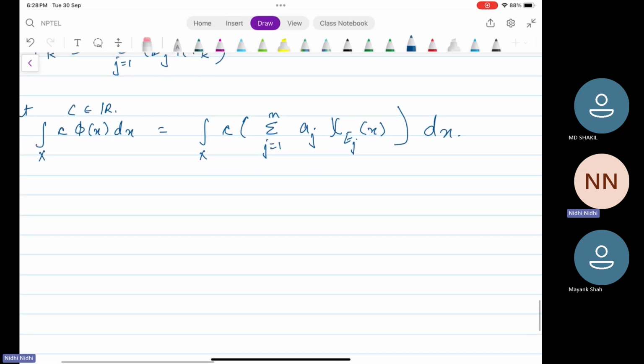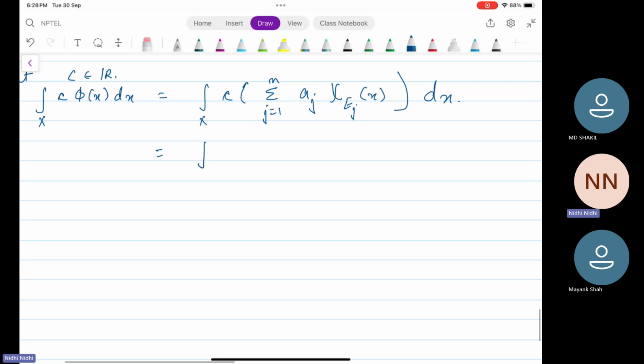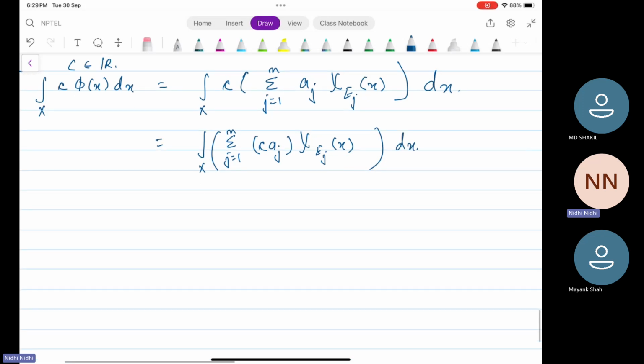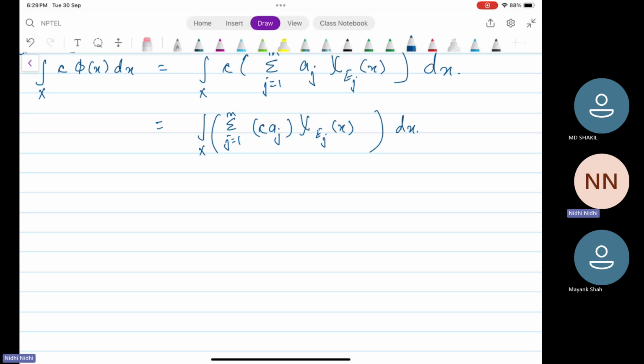I can take the c inside the summation. Now this is a step function. We know how to integrate a step function. So this will be summation j from 1 to n of c aj times the length of the interval ej.